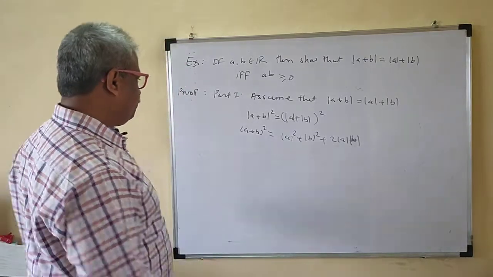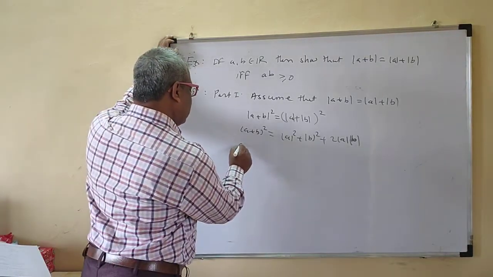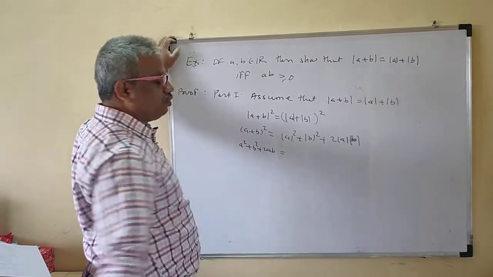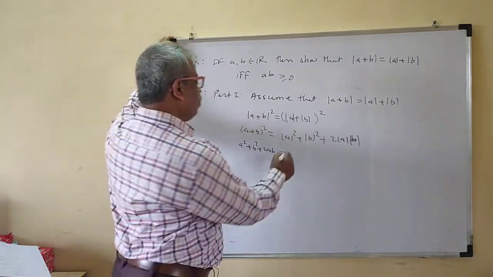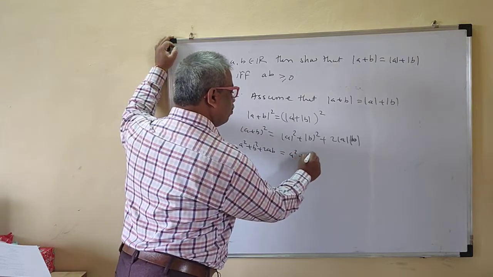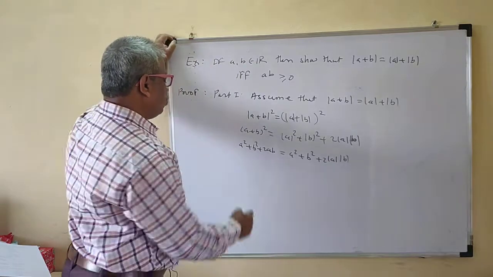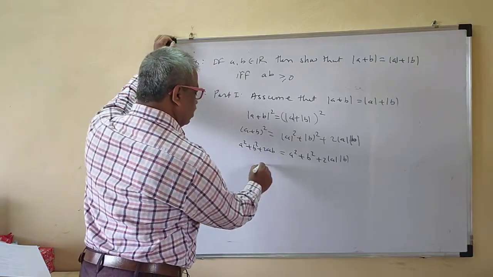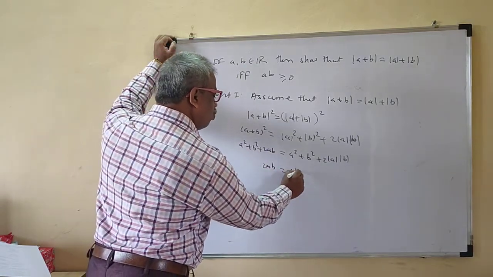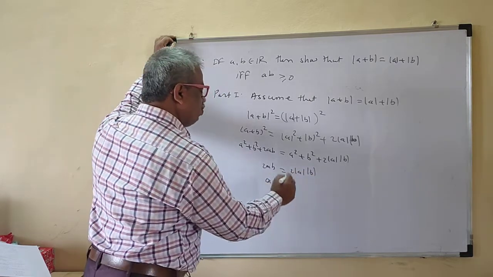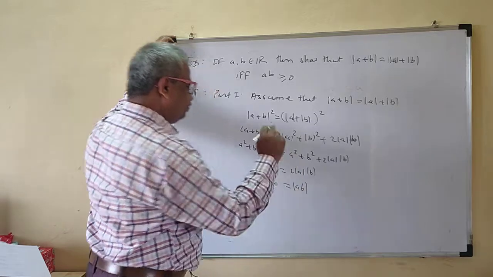Okay. Now this is a square plus b square plus twice ab is equal to a square plus b square plus 2 mod a mod b. Okay. So a square and b square get cancelled. So twice ab is equal to 2 mod a mod b. Okay. So this is ab, equal to mod ab I can write.